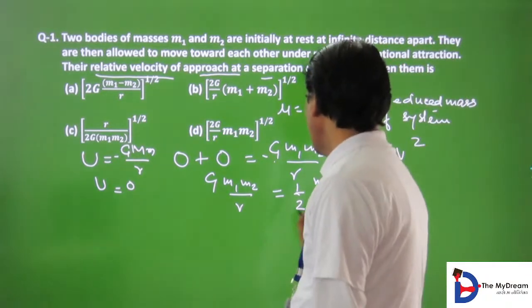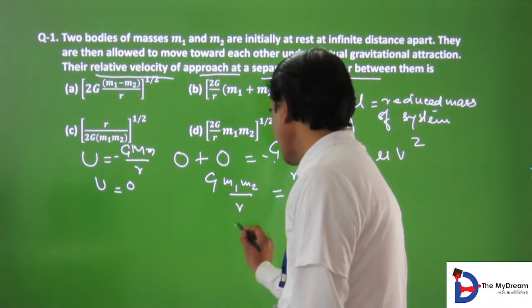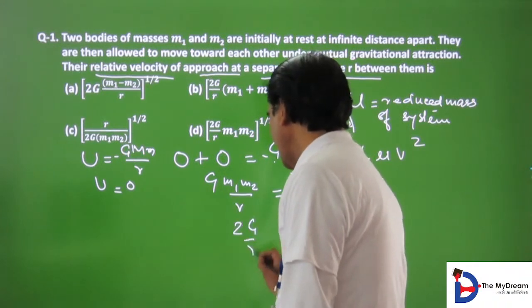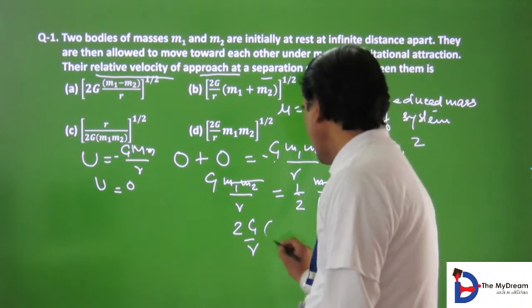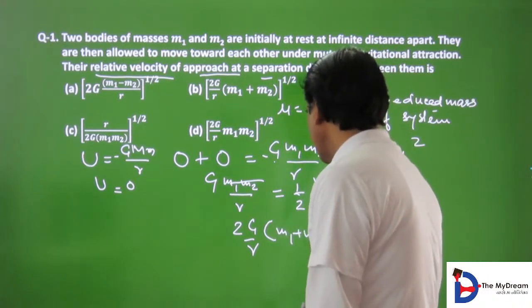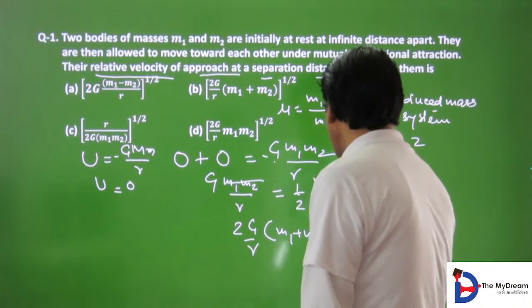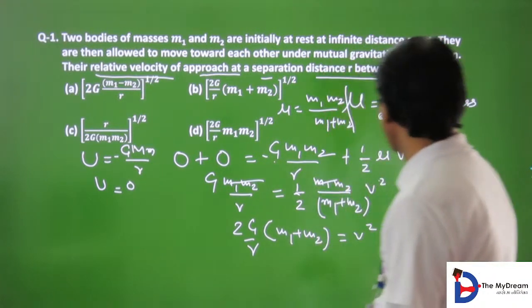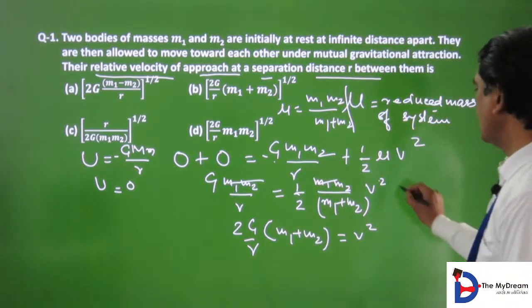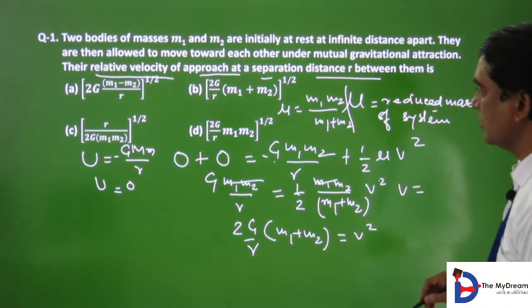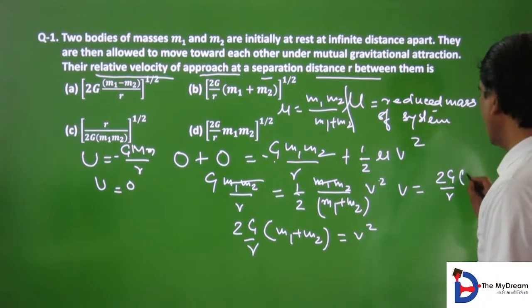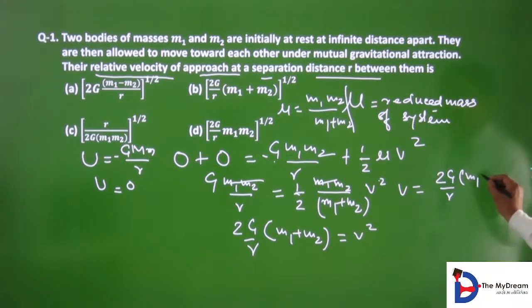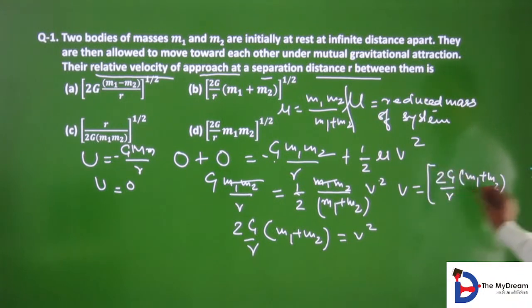So this is twice of G divided by r and m1 plus m2, which is equal to v square. So, v is equal to the square root of twice G by r times m1 plus m2.